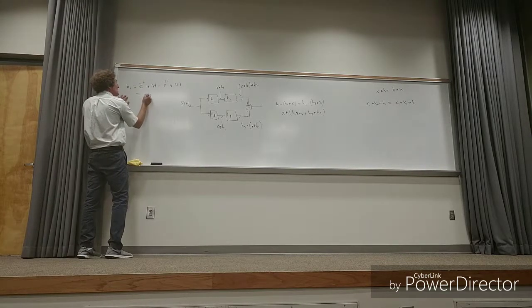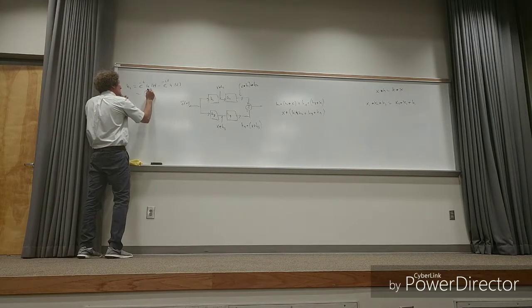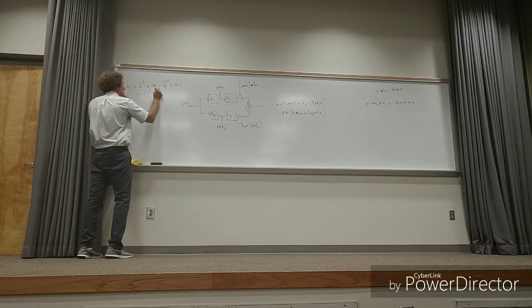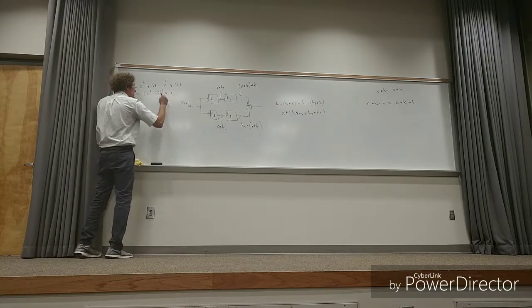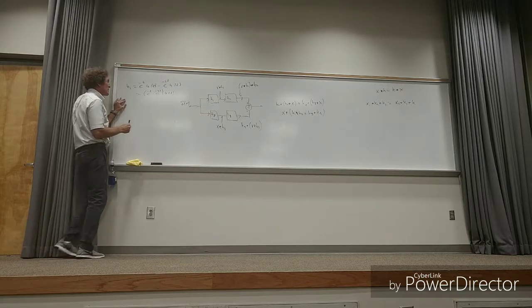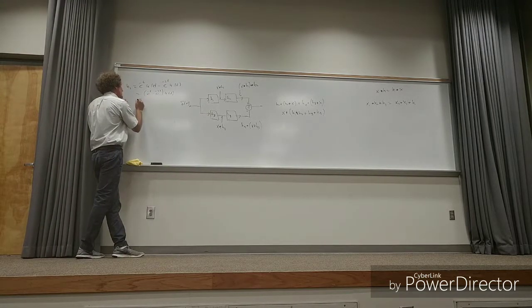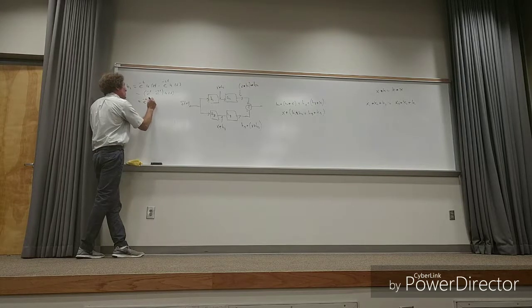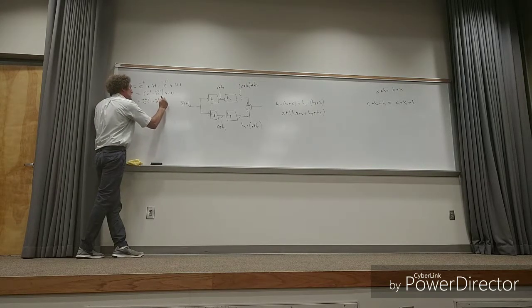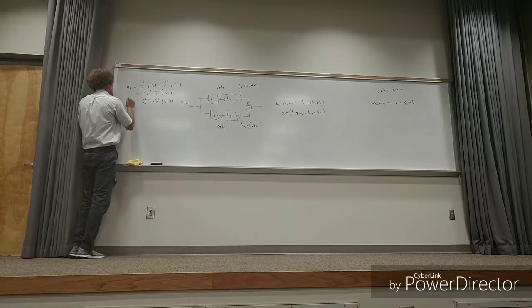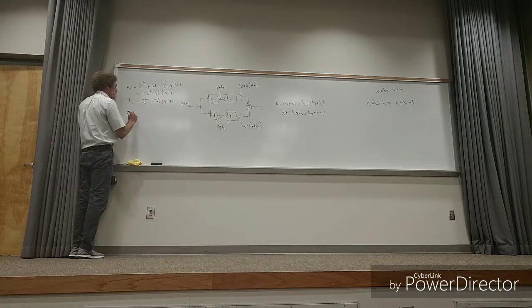What it really is is e to the minus t minus e to the minus 2t times u of t. If you think about that, you could pull an e to the minus t out in front, and then you have e to the minus t times 1 minus e to the minus t, u of t. All right, that's h1. What is h2?